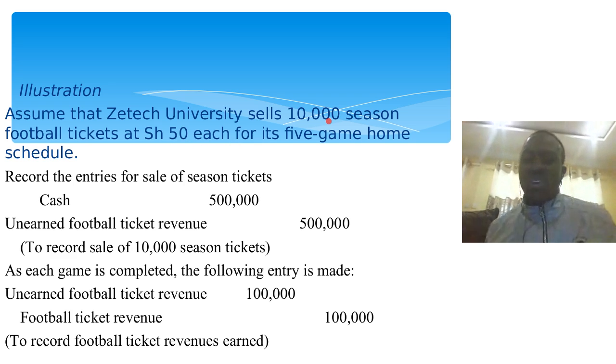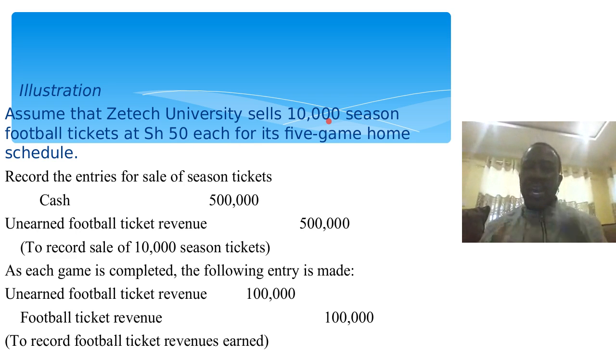So now to recognize the unearned revenue from the sales, we will debit cash because they have received the cash. So cash we debit with the product of 10,000 times 50, that is 500,000.